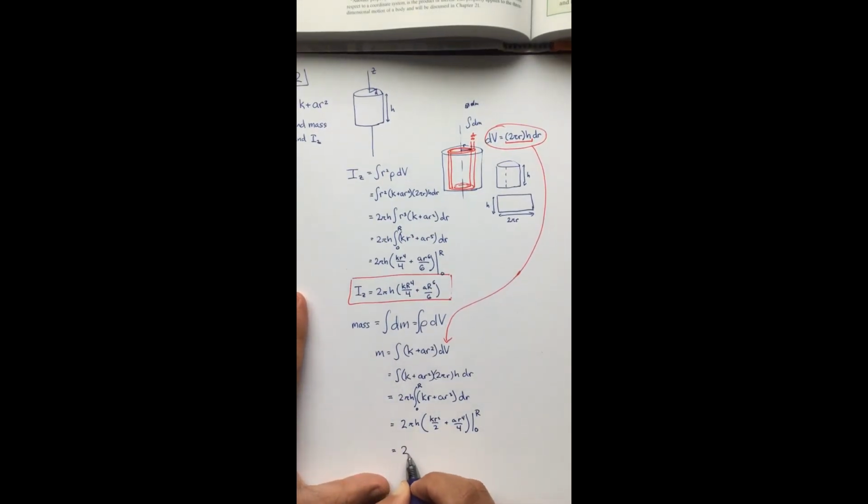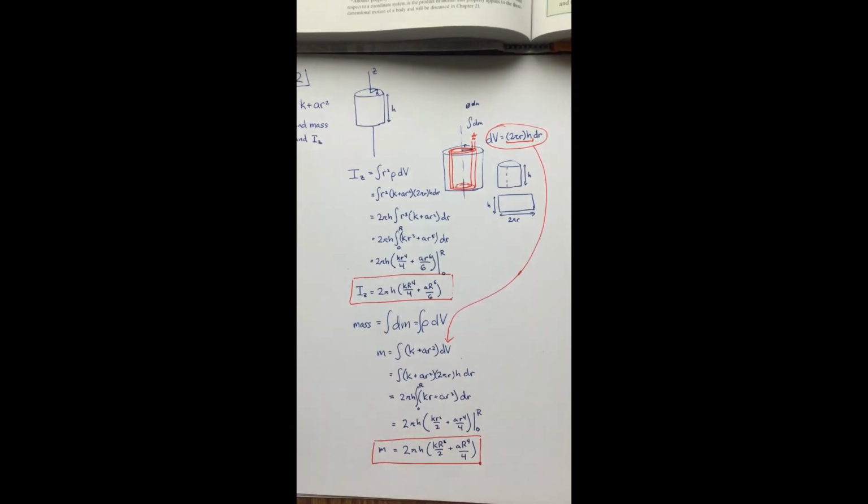And I have 2 pi h times kr squared over 2 plus ar to the 4th over 4. That gives me my mass. Okay, so now I have my mass and my moment of inertia, and that concludes problem 2.